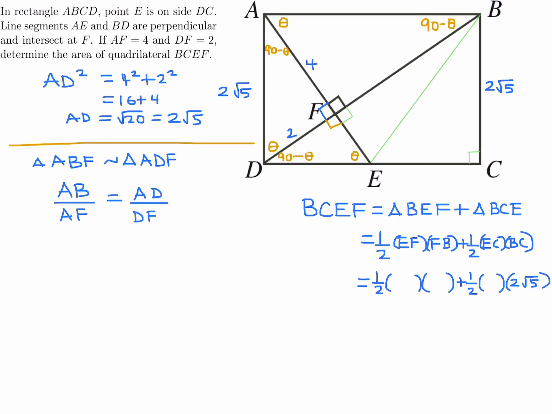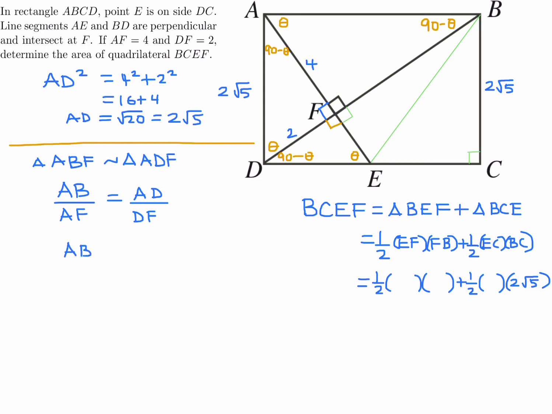So just in case you're not familiar with similar triangles, AB is the side that has theta and 90 minus theta. And AD on this triangle is also the side that has theta and 90 minus theta. AF is on this triangle the side that has theta and 90, and DF on this triangle also has the same angles, theta and 90. So that's how you do that comparison.